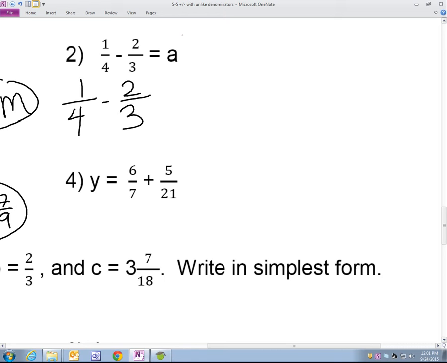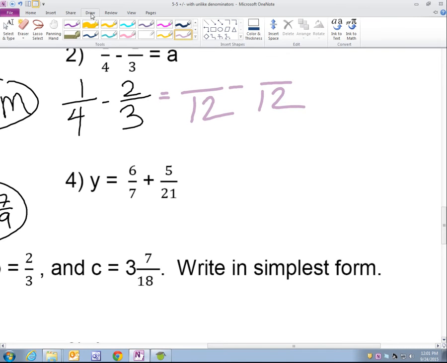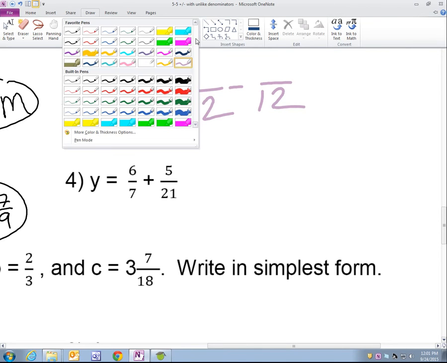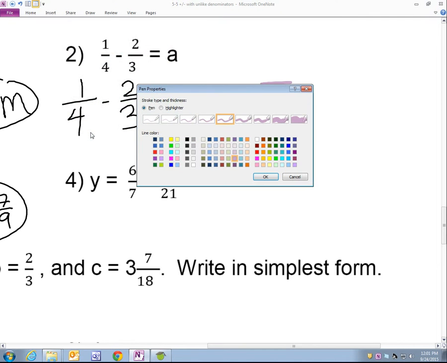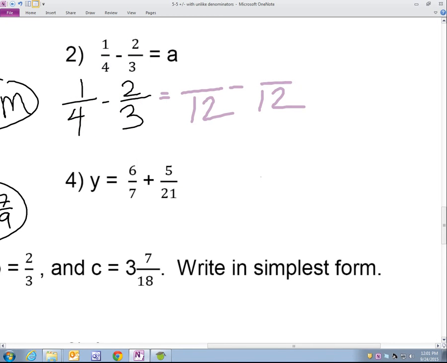So in order to get this to be 12, I'm multiplying 4 times 3, and I have to multiply the numerator times 3. This one's being multiplied by 4, so this one has to be multiplied by 4 to keep it true.